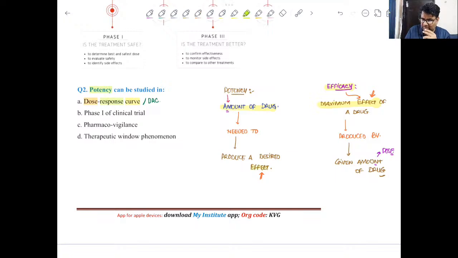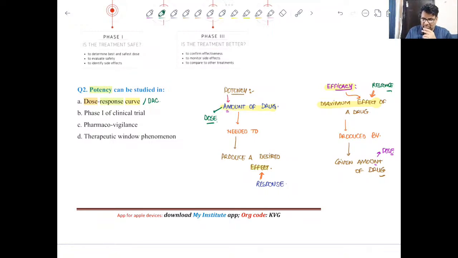So the term effect we are using here is actually response, and the amount we are discussing here is actually the dose. Clear? So we are using dose and response in both the entities, and therefore yes, Siva Kumar Naik Mude, absolutely right. A is the answer here, right?